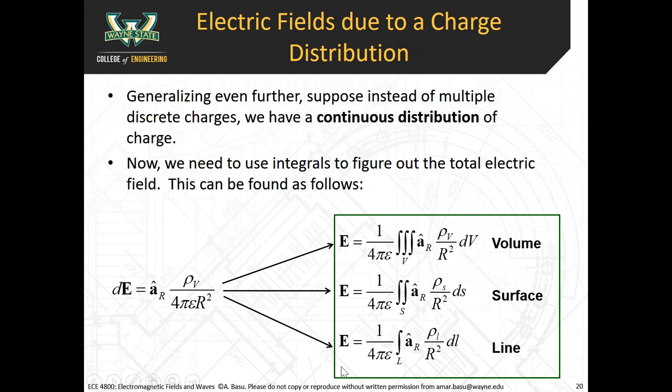So just a little bit of detail here. In these equations, wherever you see something in bold, bold means it's a vector quantity. If you see something that's not in bold, that means it is a scalar quantity. That means it's the magnitude of the vector.